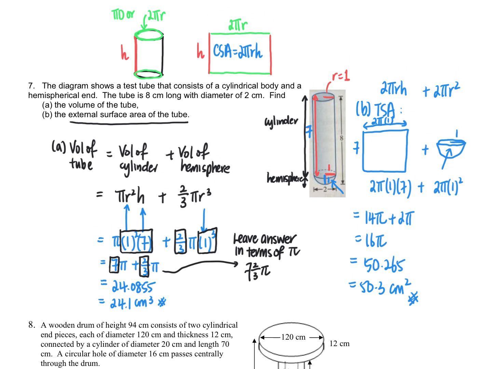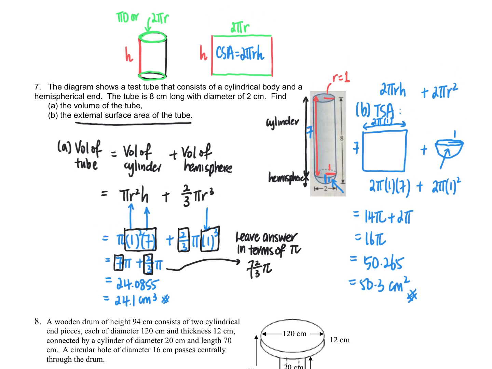Okay, so let me repeat. The curved surface area of a cylinder, this part, is actually a rectangle, which is 2 pi r h. Okay? So this is the formula we will use for the curved surface area of a cylinder.